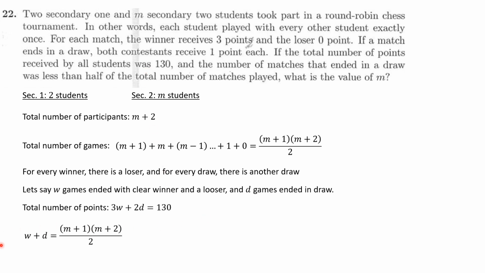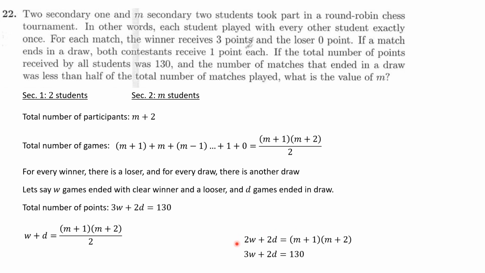Well, the number of winner games and draw games is the number of total games played. We already know that the total number of games played is M plus 1 times M plus 2 divided by 2. So winning games plus draw games have to equal exactly that, right? Now I have 2 equations, right?